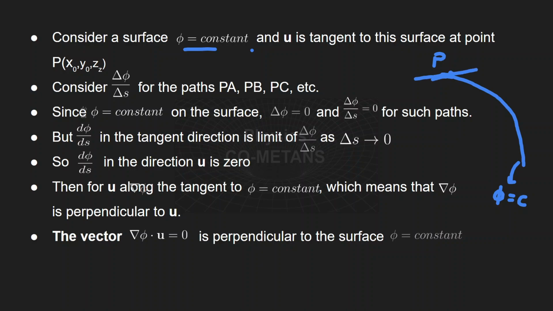So this U is tangent to this surface at a point P, and this point P is given by the coordinates x naught, y naught, z naught. Now what we have to do is find d phi by ds, so delta phi by delta s.